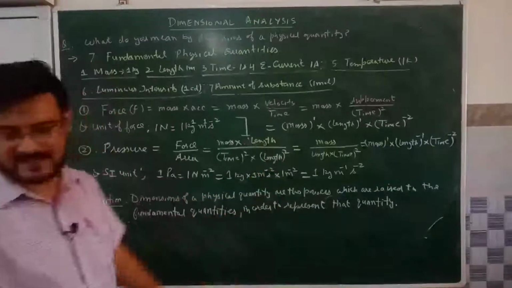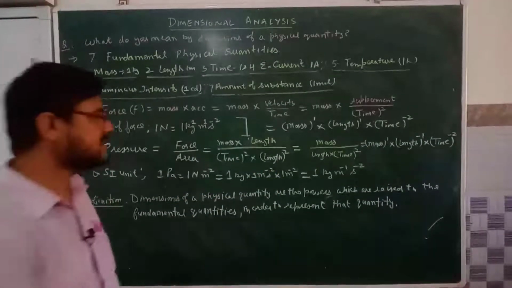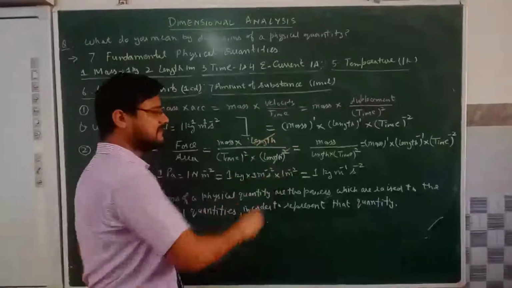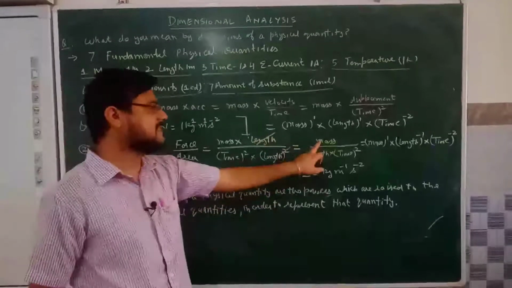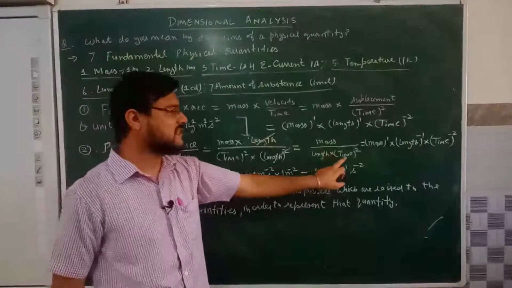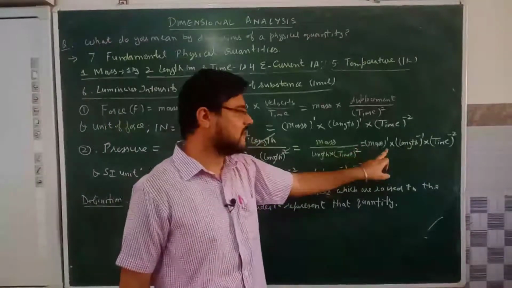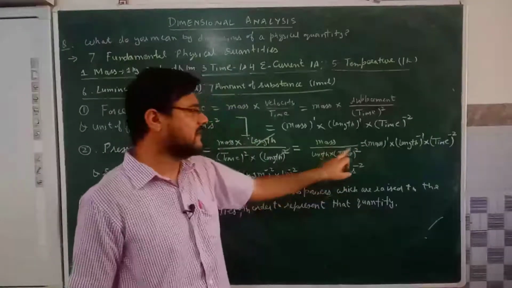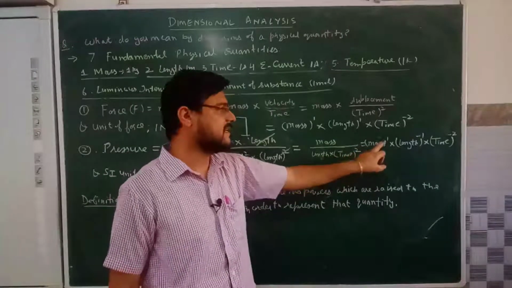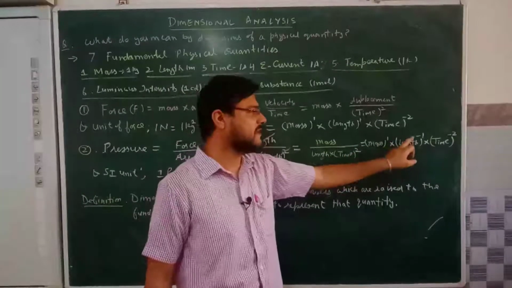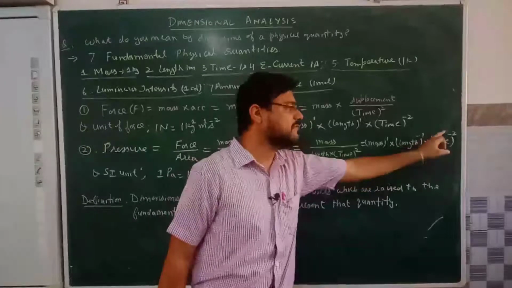In this case, one length gets cancelled, so we are left with mass divided by length into time square. Removing the fractional form, we get mass raised to power 1, length raised to power -1 and time raised to power -2.